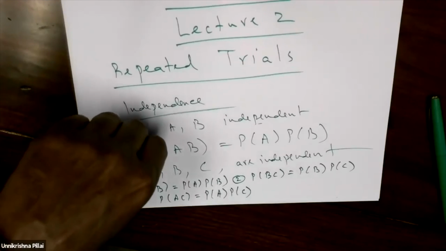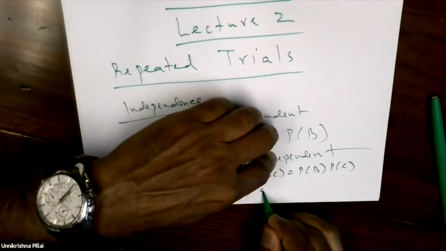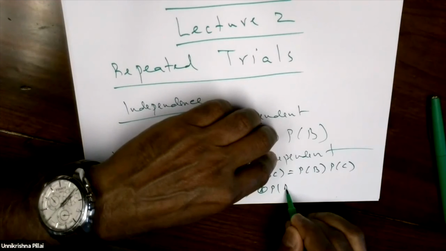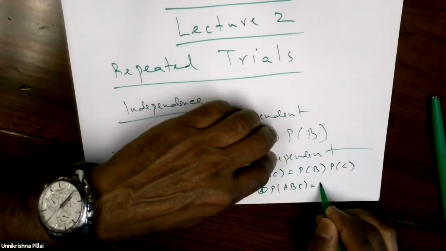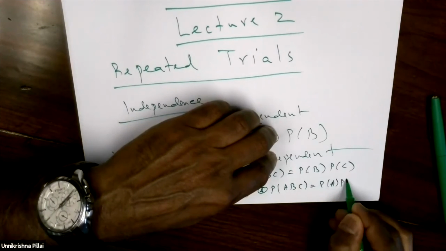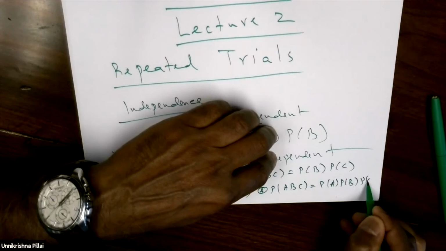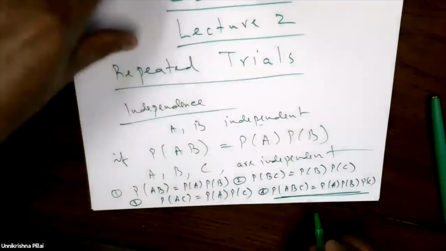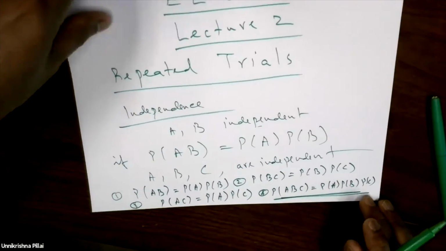That's a good point, because then you also have all three of them. So the intersection of ABC must be PA multiplied by PB multiplied by PC. This is the additional condition. So you can see that there will be more and more conditions if you have four sets, etc.